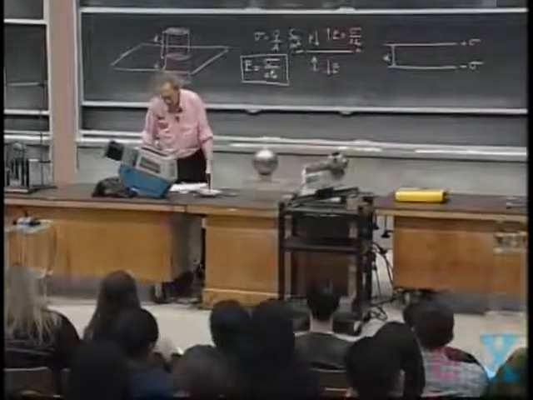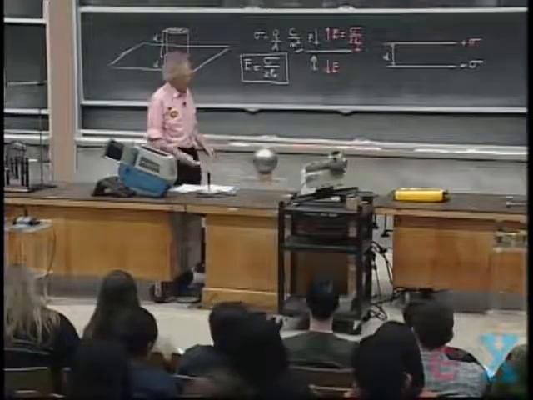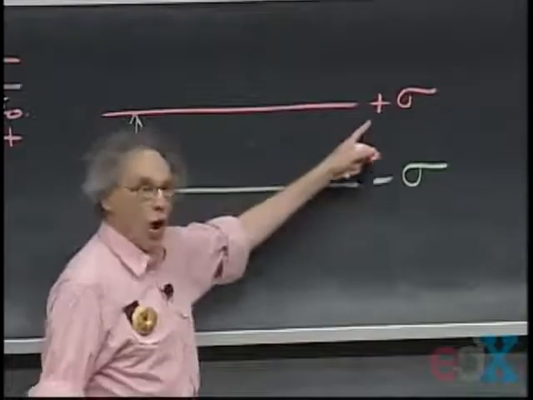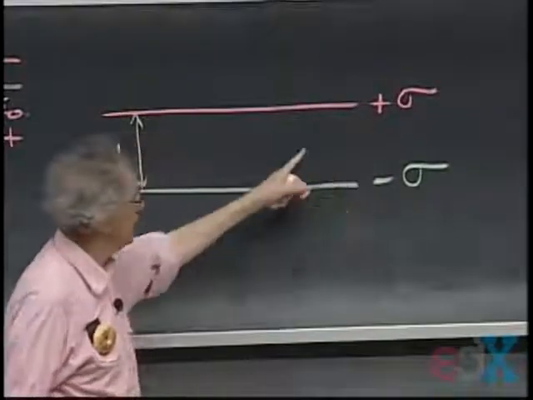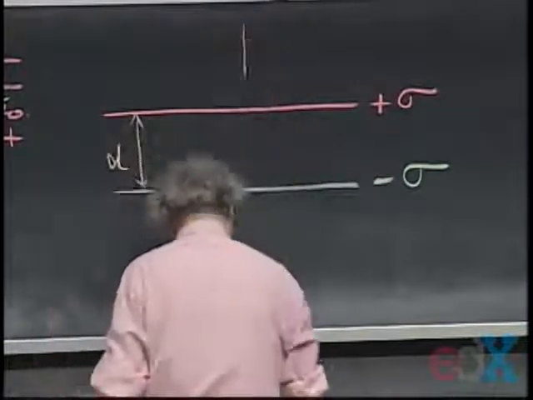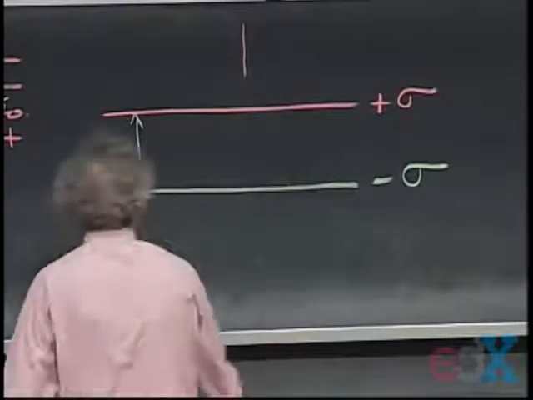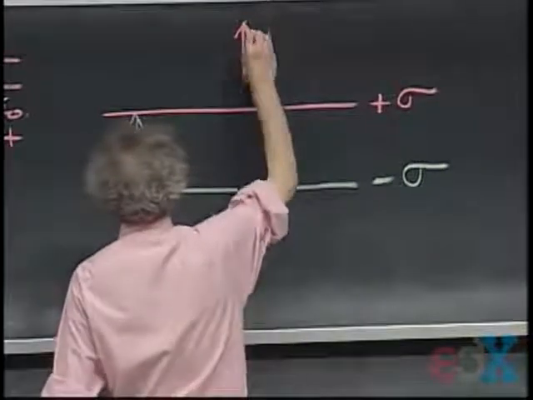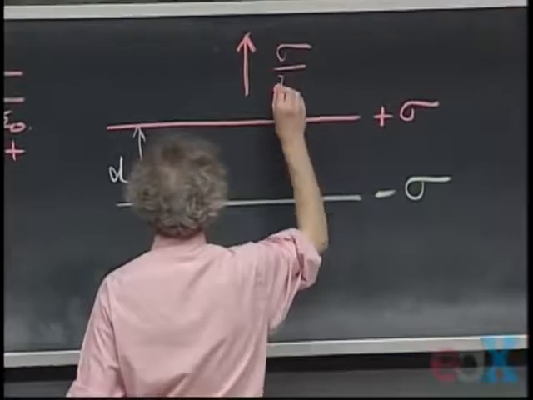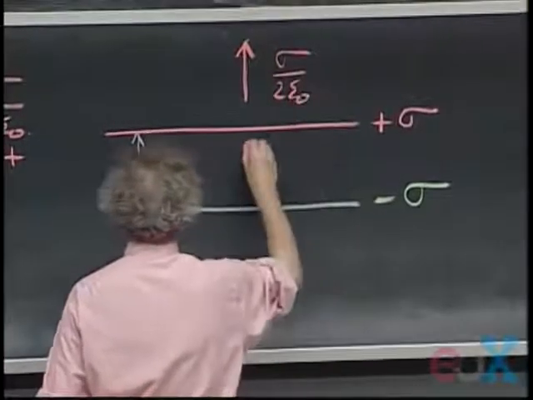And I now use the superposition principle. I say to myself, aha, this plate alone, forget this one, this plate alone would give me an E vector like so, and that is sigma divided by 2 epsilon 0.